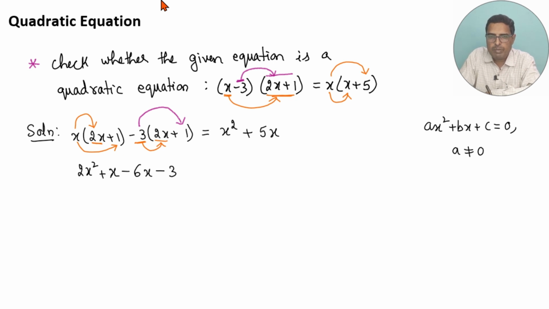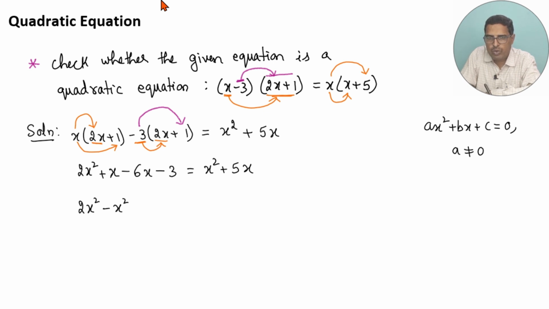So left hand side simplification is complete. Equals, on the right hand side, let us write down the value as it is: x² + 5x. Now let us take the right hand side value on the left hand side and rewrite this as 2x². And I'll take this plus x² on this side. This plus x² will become −x².